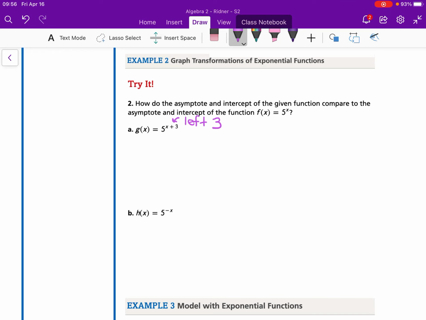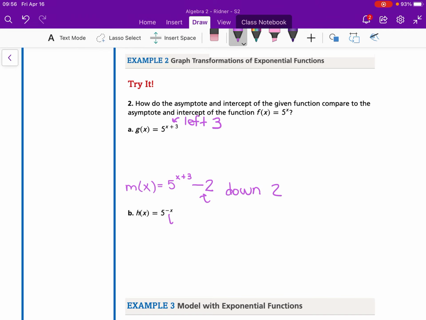If I had a number on the outside, so for instance, that minus 2 would be down 2 because it's on the outside of the function. It's not grouped with x.